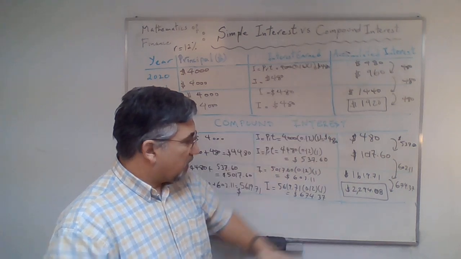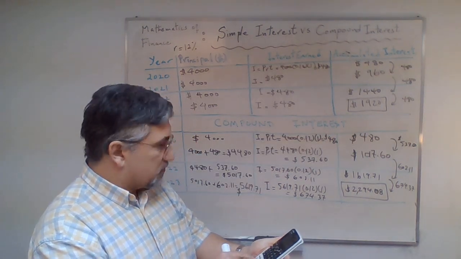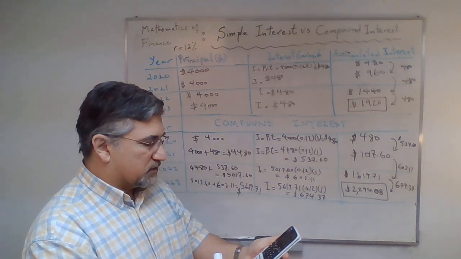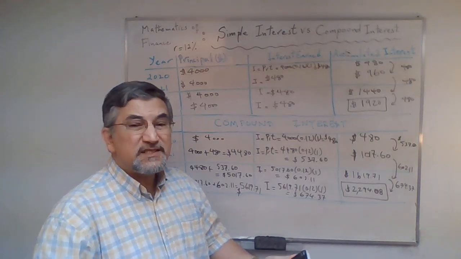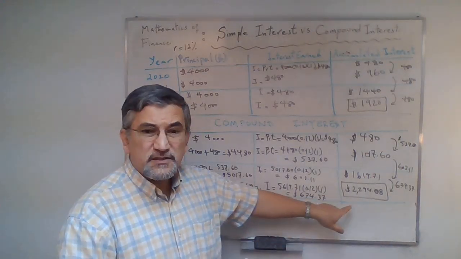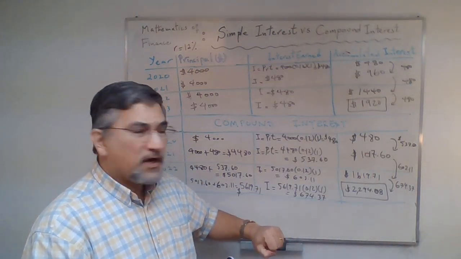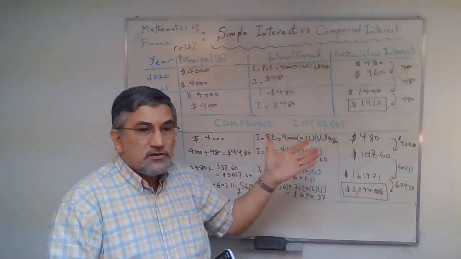I can tell you how much more it is. It's not a difficult subtraction. So $374. You have $374 more in your pocket, and you didn't do anything.